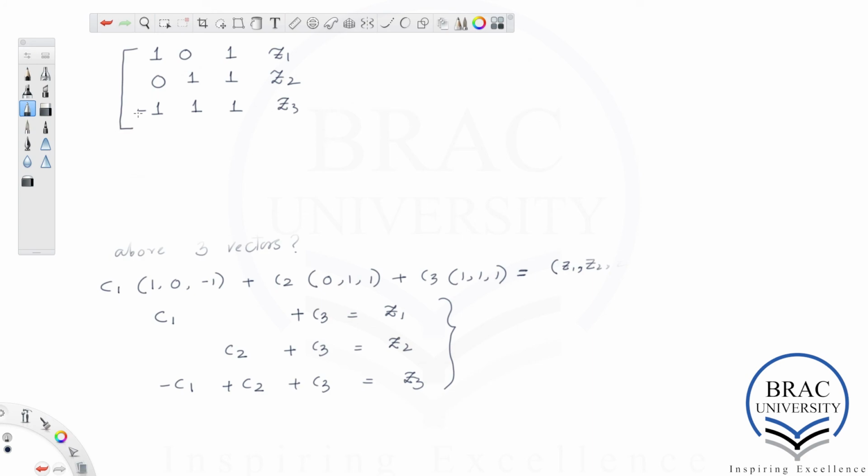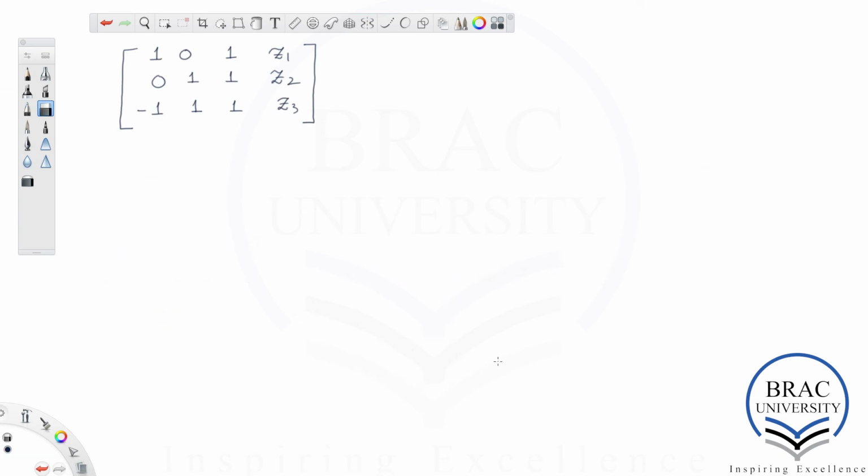We try to reduce this augmented matrix to row reduced echelon form. The first operation is R1 plus R3 is equal to R3 prime.